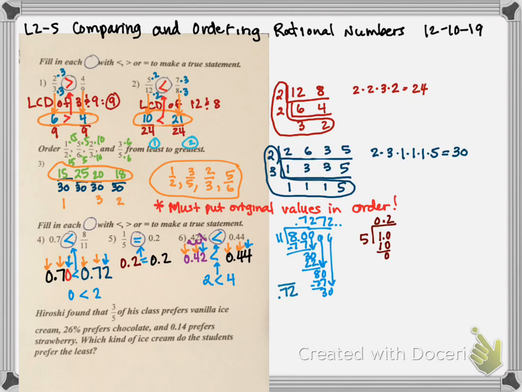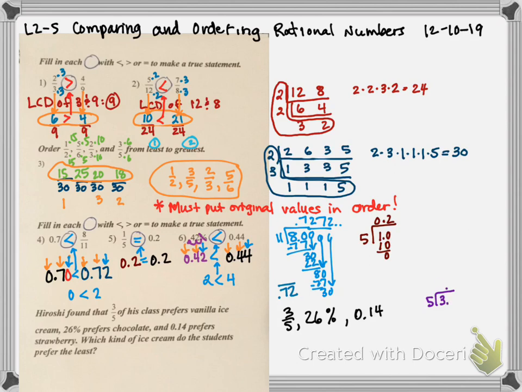All right, last one. Hiroshi found that 3/5 of his classmates prefer vanilla ice cream, 26% prefer chocolate, and 14 hundredths prefer strawberry. What kind of ice cream do the students prefer the least? So I'm going to do this one off to the side. Basically what we're trying to compare is 3/5, 26%, and 14 hundredths. So I'm going to start with that 3/5, and I'm going to write it as a division problem.